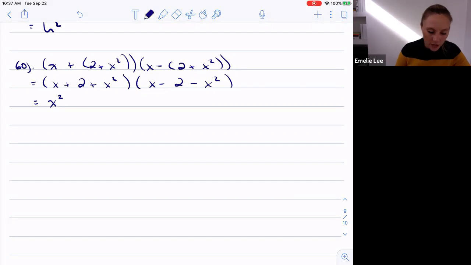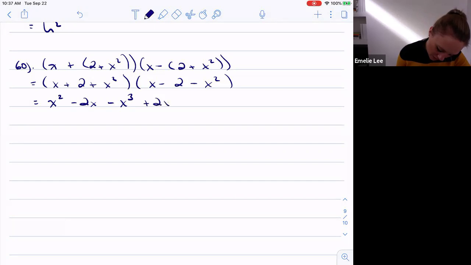X times x is x squared, and then x times negative 2 puts me at negative 2x, and then x times negative x squared puts me at negative x to the 3. All right, just be careful. 2 times x, so plus 2x, minus 4, minus 2x squared. Now I'm on to the next term, x squared. So plus x to the 3, minus 2x squared, minus x to the 4th.